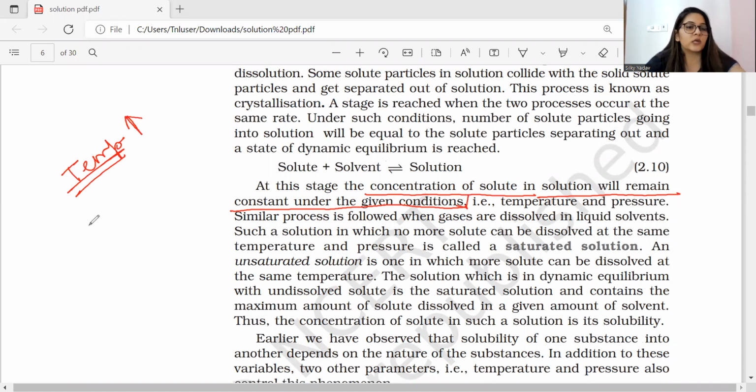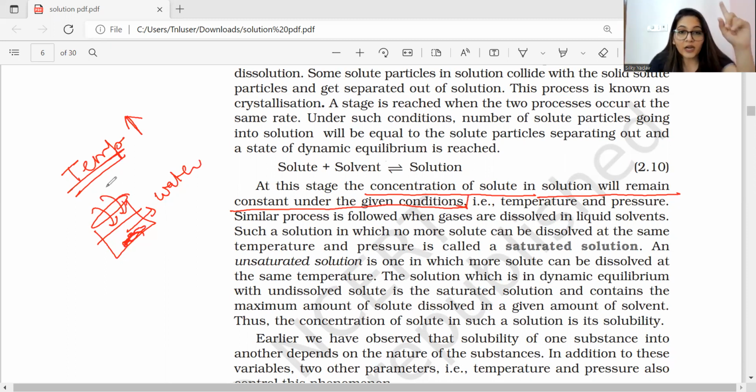Let's say if you have increased the temperature, now more sugar can be dissolved in this water. That is the reason I was telling you that solubility depends not just on the nature of solute or the nature of solvent, but also on the temperature and pressure. Okay.